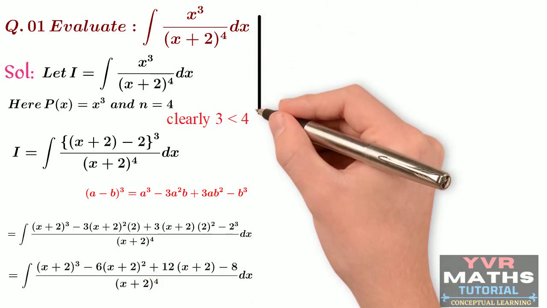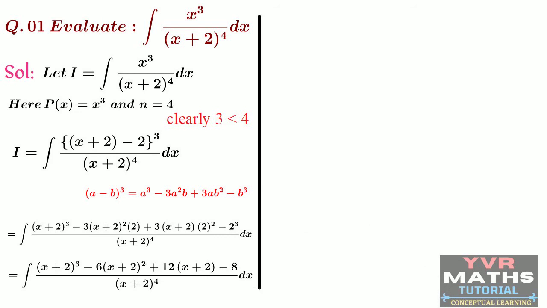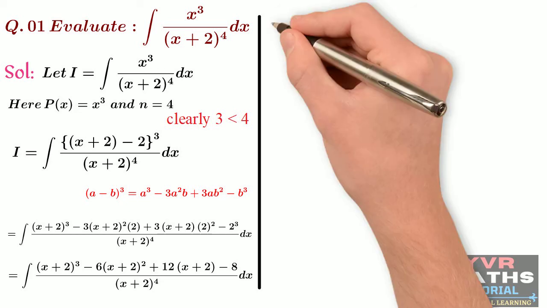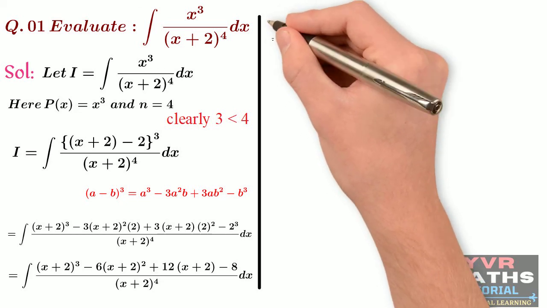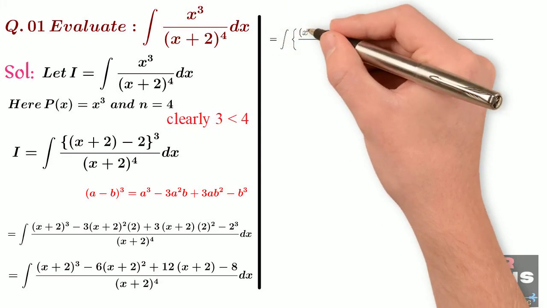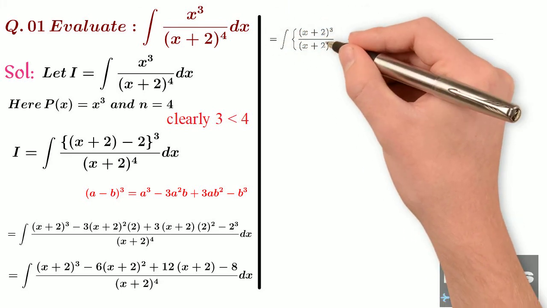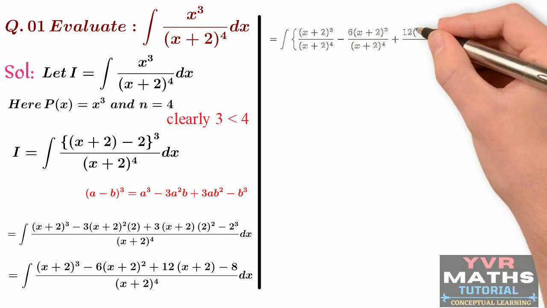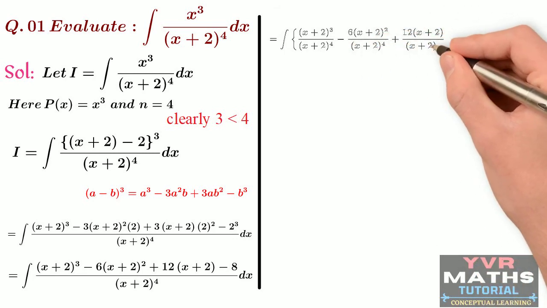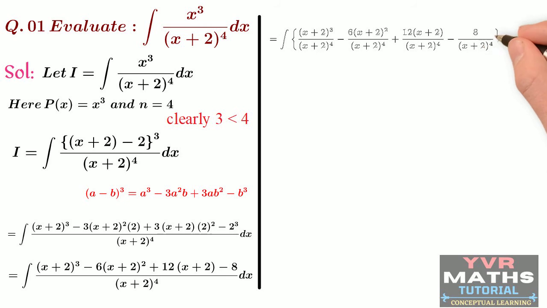If you split the terms, that means divide each and every term in the numerator by the denominator, then you get integral x plus 2 whole cube by x plus 2 whole power 4 minus 6 into x plus 2 whole square by x plus 2 whole power 4 plus 12 into x plus 2 by x plus 2 whole power 4 minus 8 by x plus 2 whole power 4 dx.